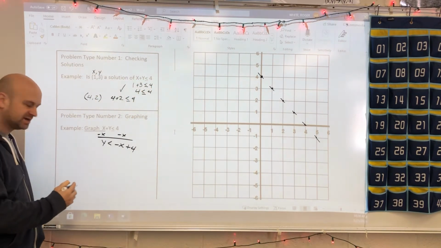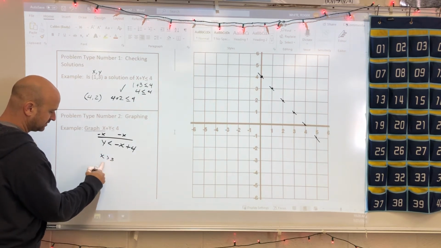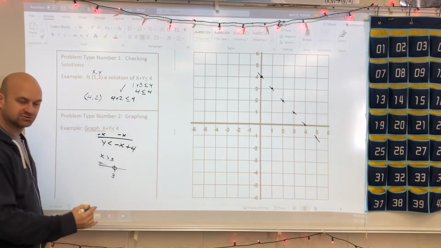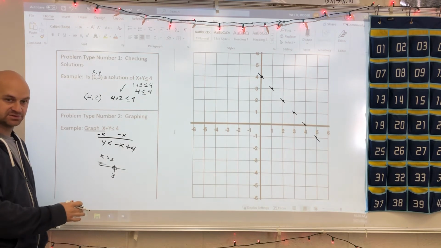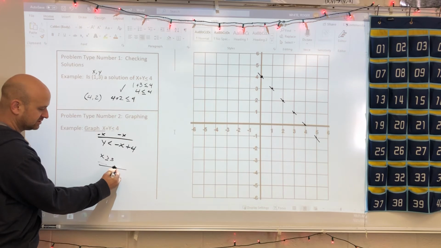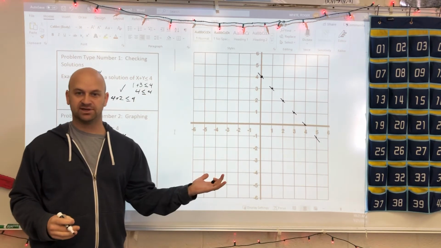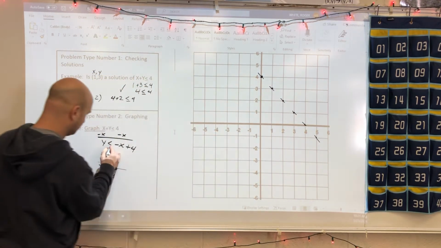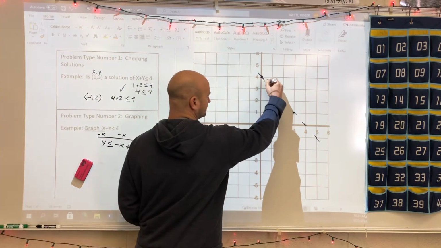We've seen this in the past: if you had x is greater than 3 on a number line, did we fill in the circle or not? It's the same concept. We would not fill in the circle because it's just greater than. If it was greater than or equal to, we would fill in the circle. But now when we come to a graph, it's either a solid line or a dashed line. In this case, the original problem included the equal sign, so this will be a solid line.